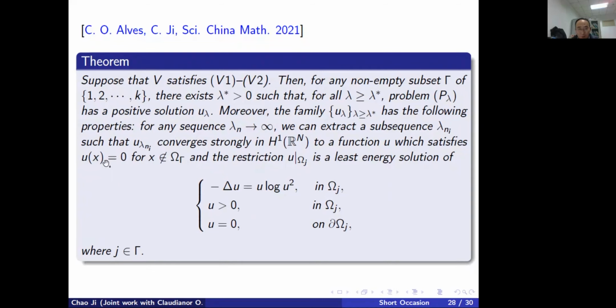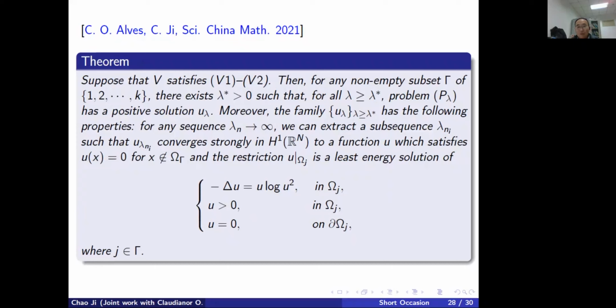We should notice almost equals 0 is in norm, it's not in functional value. If lambda is big enough, u lambda almost equals the ground state solution of this equation in omega 1 and omega 2. It's also in norm, not in functional value.